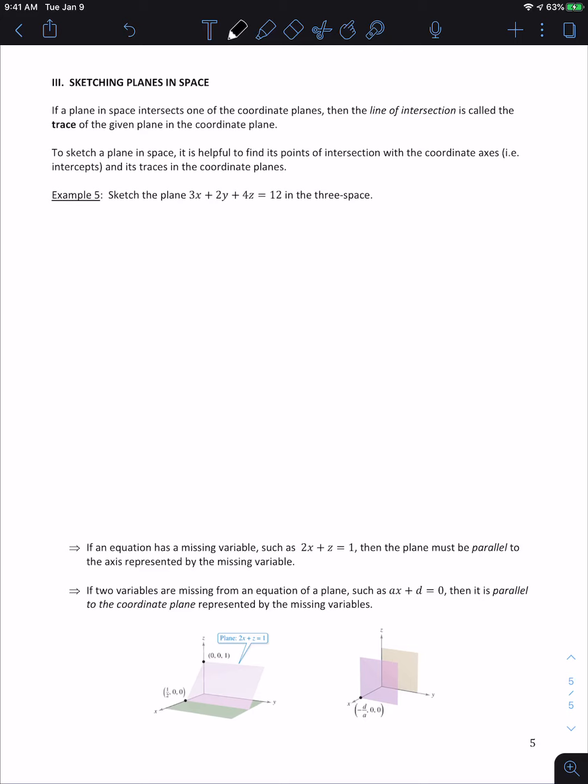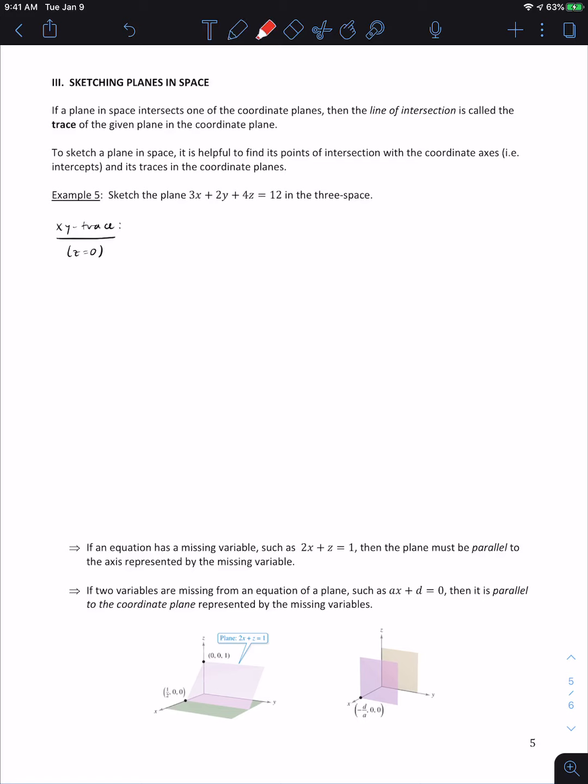So what we're going to do here is we have this equation of a plane, and we want to sketch it. So what we want to do is find all of the traces, and then find all of the intercepts, and that will help us give a rough sketch of what's going on. So first, let's look at the XY trace. So remember, the XY trace, what's missing? Z, right? So that's where z equals 0.